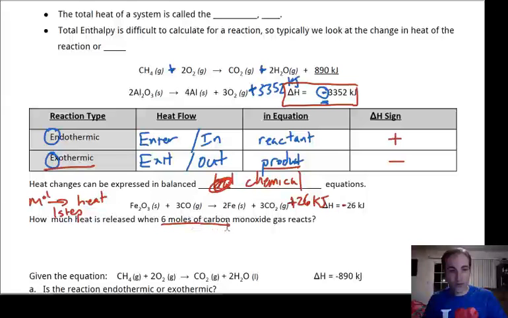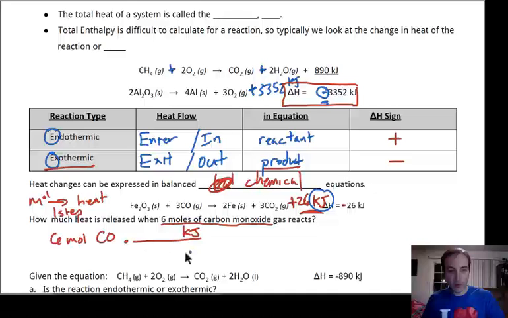Our given is 6 moles of carbon monoxide, so I would write 6 moles CO for carbon monoxide. We know it's a one-step equation, and so they want us to wind up with heat. So heat is right here in the equation. That means our units for heat are going to be kilojoules, because the units in the equation for heat are kilojoules.